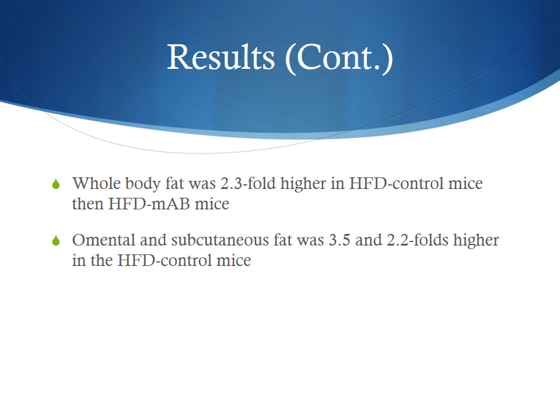They also measured the amount of omental and subcutaneous fat within the mice, and the omental fat was 3.5 fold higher in the control, and the subcutaneous fat was also 2.2 fold higher in the control.